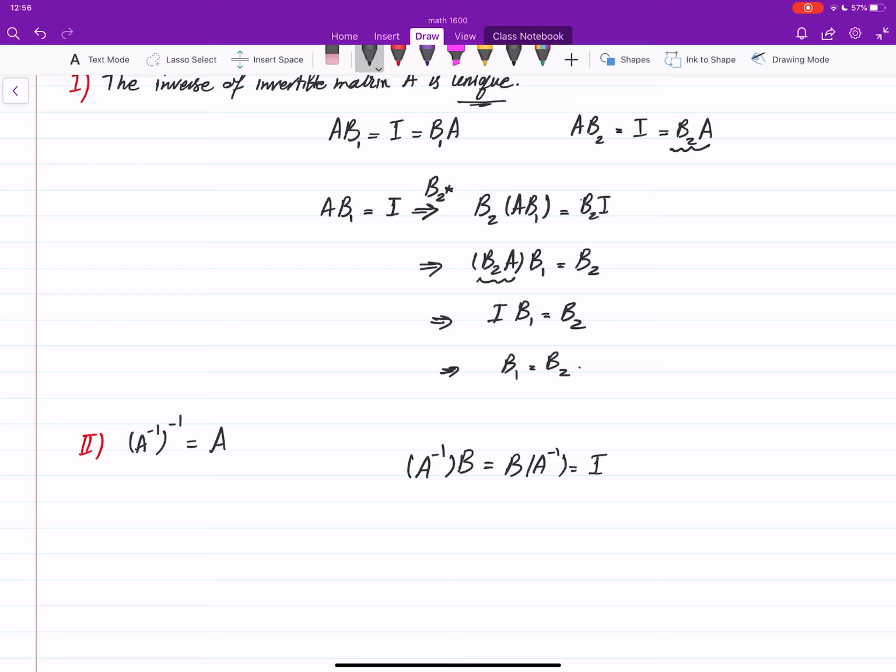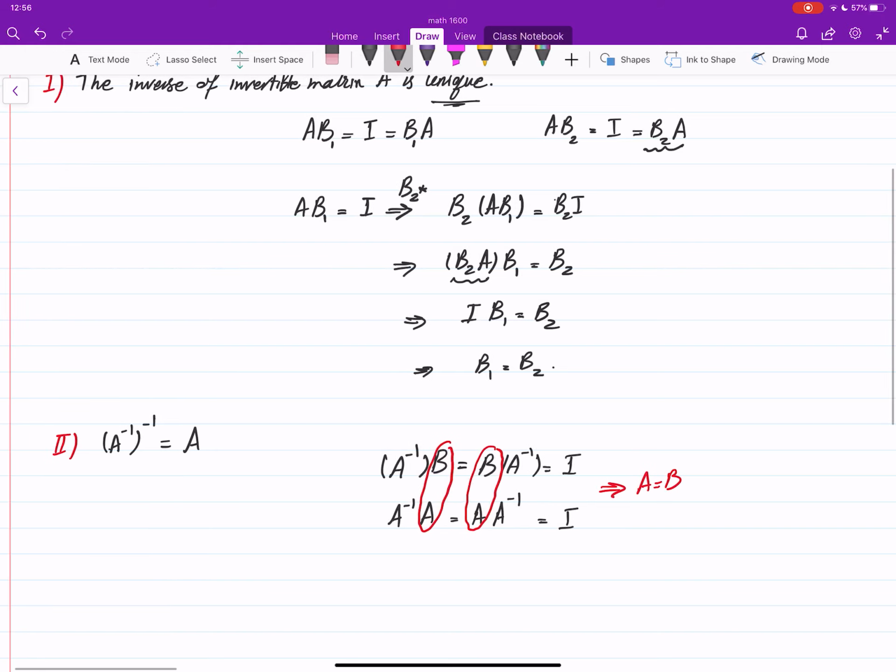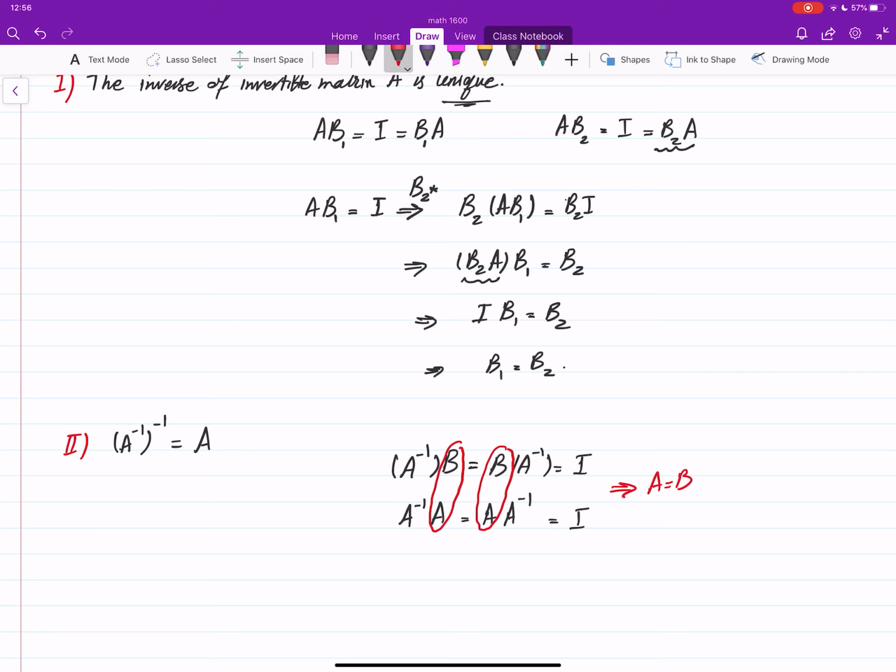But we know that A inverse itself, when you multiply it with A from left or from right, gives the identity matrix. Uniqueness of the inverse says that this matrix, which when multiplied with A inverse from left and right gives identity, needs to be equal to A. So that is what we have: the inverse of the inverse is the original matrix.